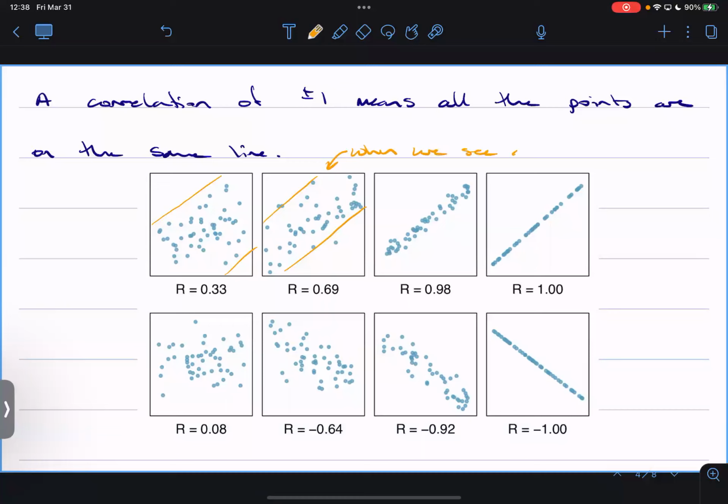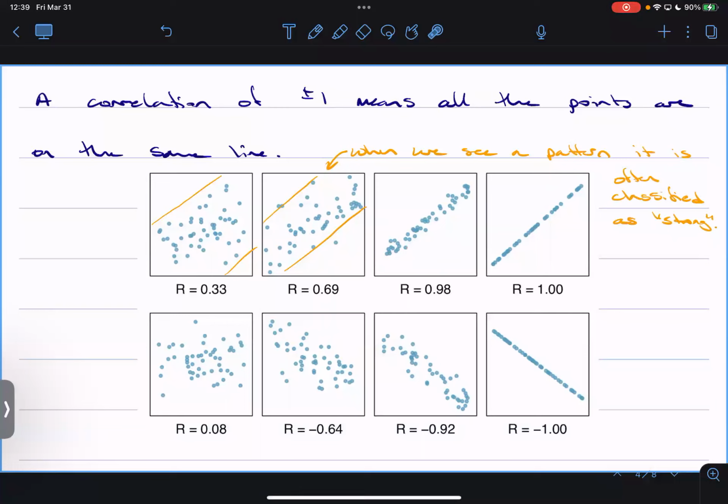When we see a pattern, it is often classified as strong. But if I was comparing the second one with the third one, obviously I would say this one is moderately strong and this one's strong, right? Or even very strong or something like that.